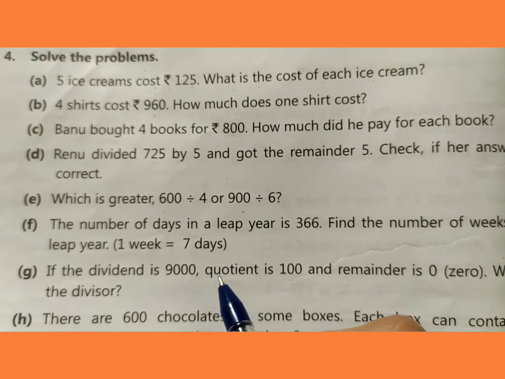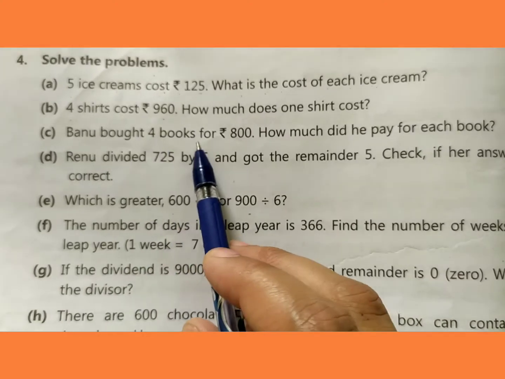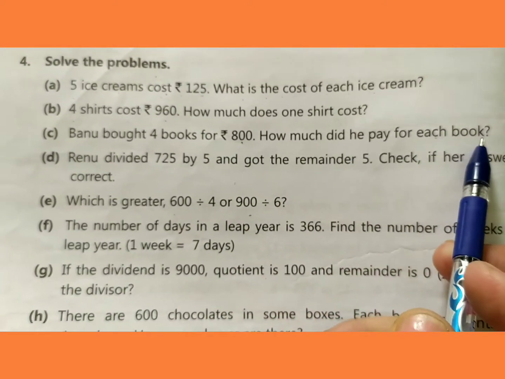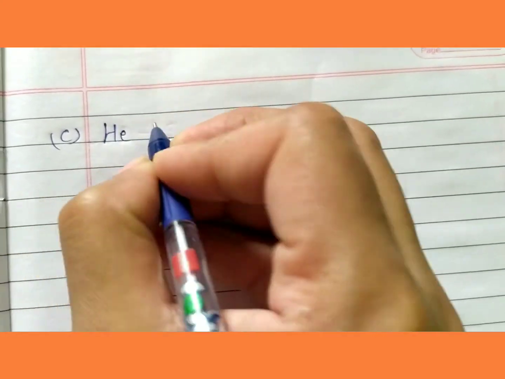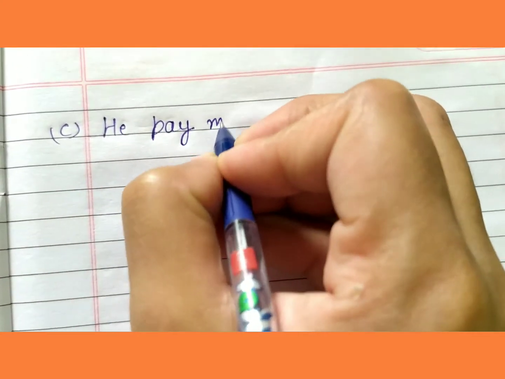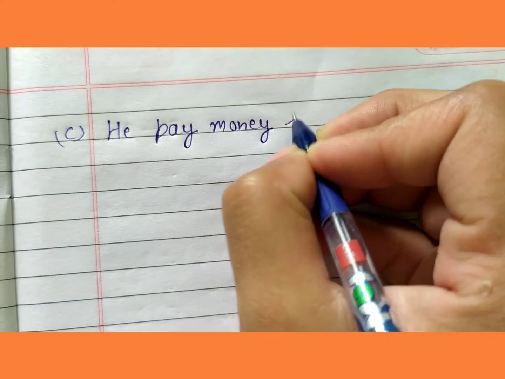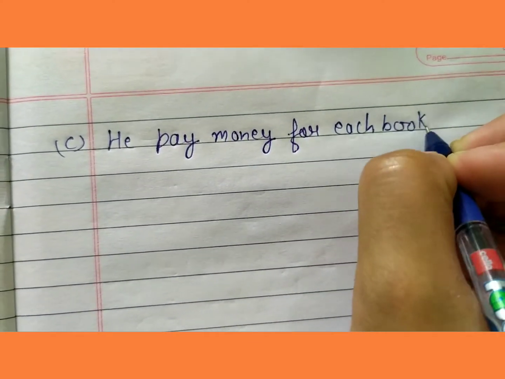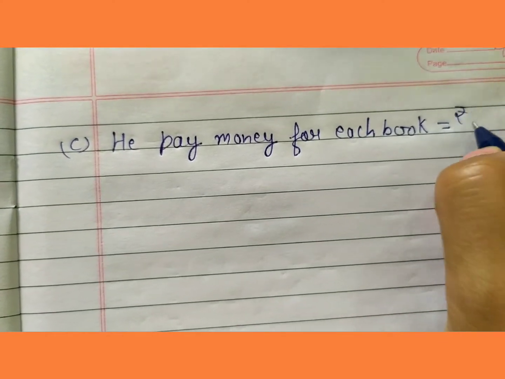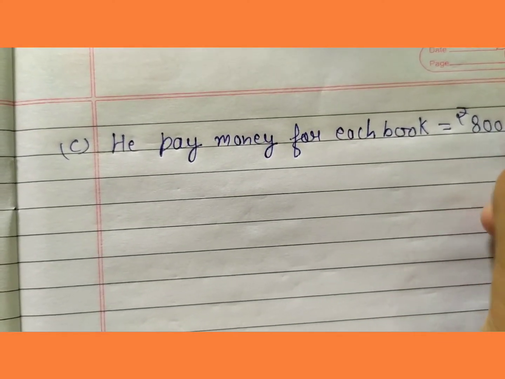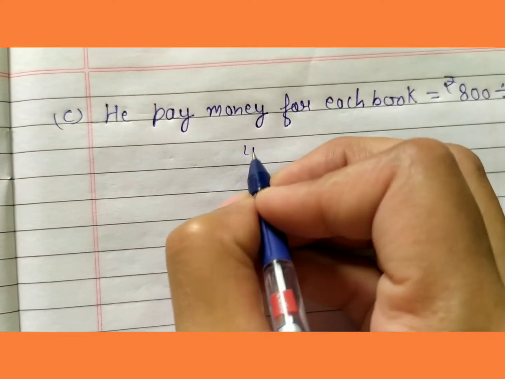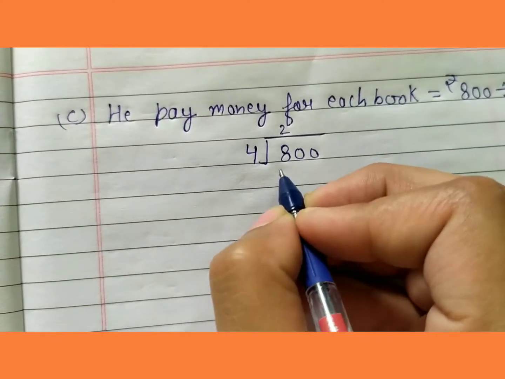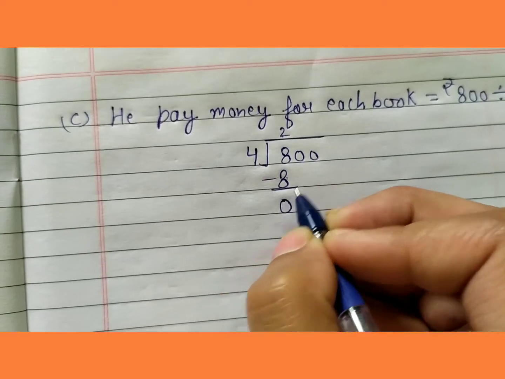Next question is, Banu bought 4 books for rupees 800. How much did he pay for each book? He paid money for each book is rupees 800 divided by 4. 4 2s are 8. 8 minus 8 equal to 0.